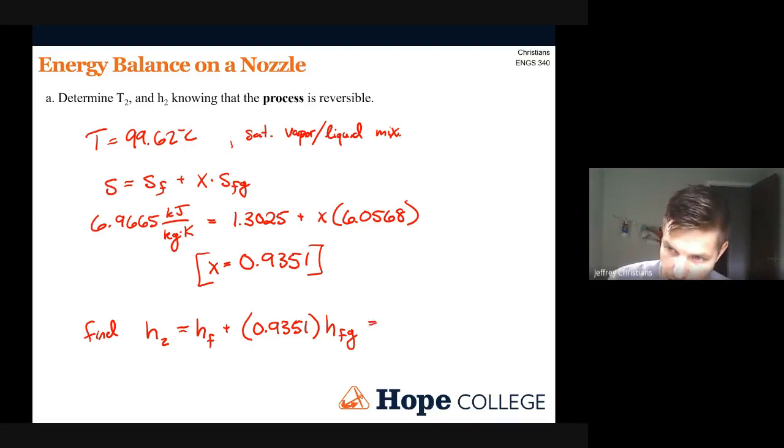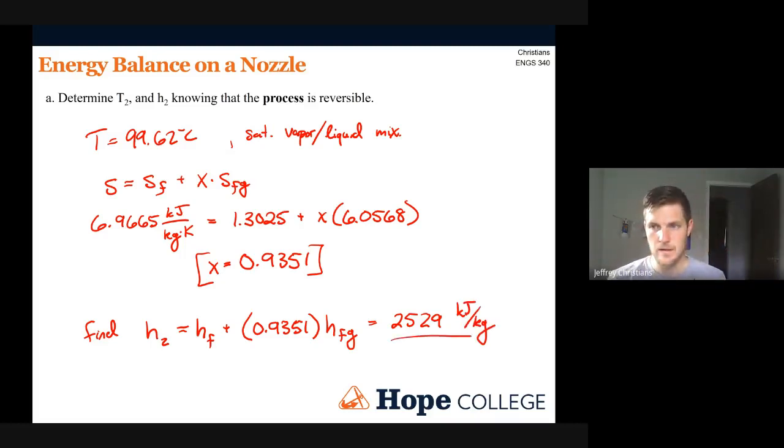I'm not going to do that here, but that's 2529 kilojoules per kilogram. Okay, so our final temperature is going to be 99.62. Our final enthalpy is going to be 2529.